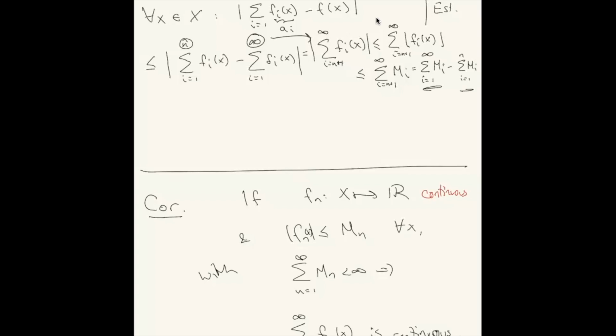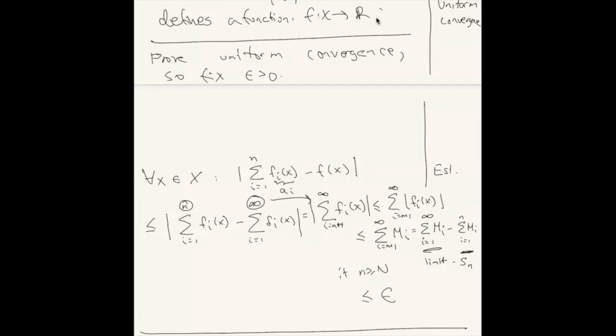And why I write it like this is that it is the limit of the series minus the partial sum of the series. The partial sums are converging to the sum of M_i, so I can make this difference small if n is bigger than or equal to capital N. And where does the choice of N come from?